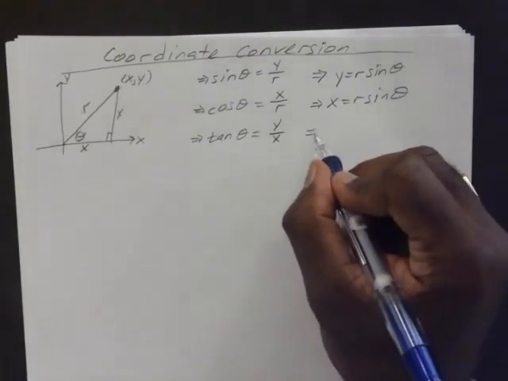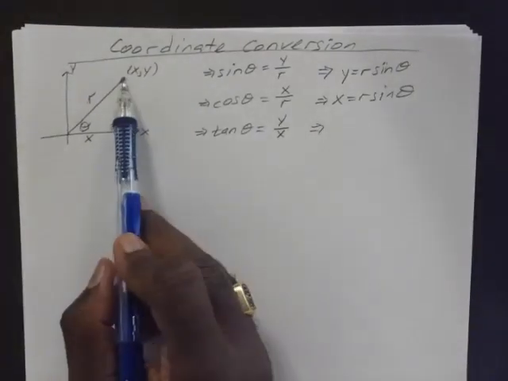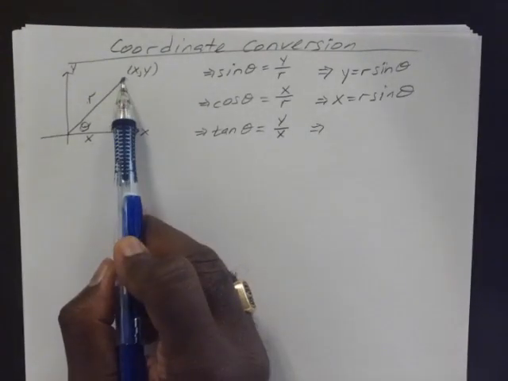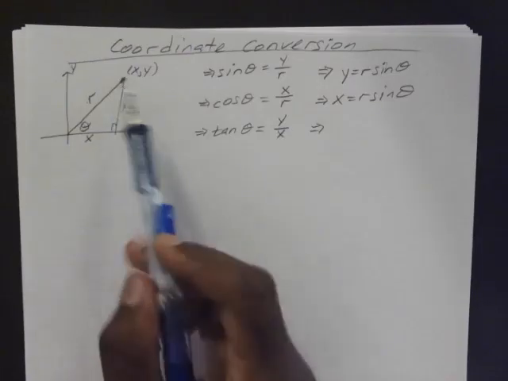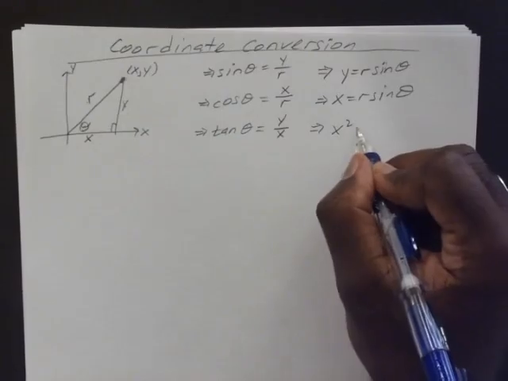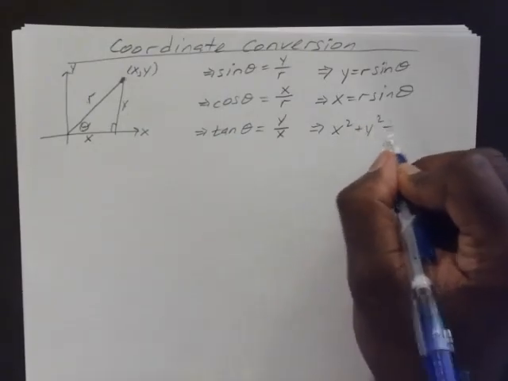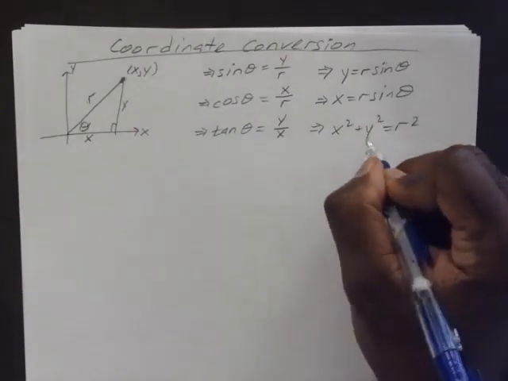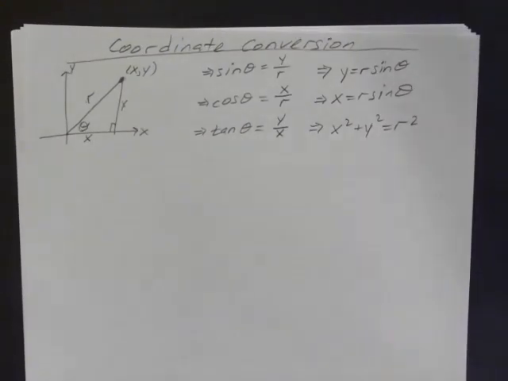And we also know that for this one, x squared plus y squared would equal 1, or x squared plus y squared is equal to r squared, because we didn't specify that the radius was 1, so that's just the radius squared.